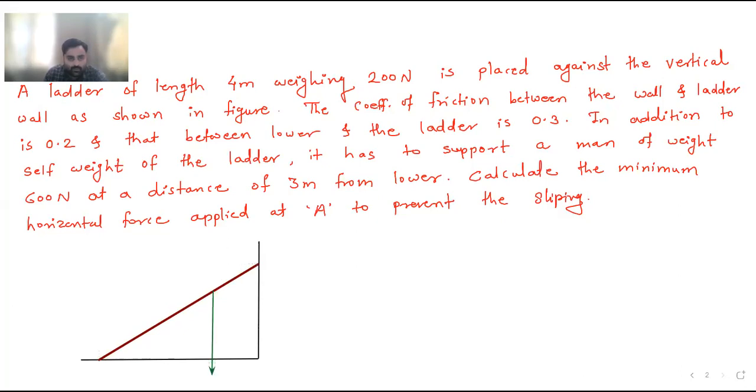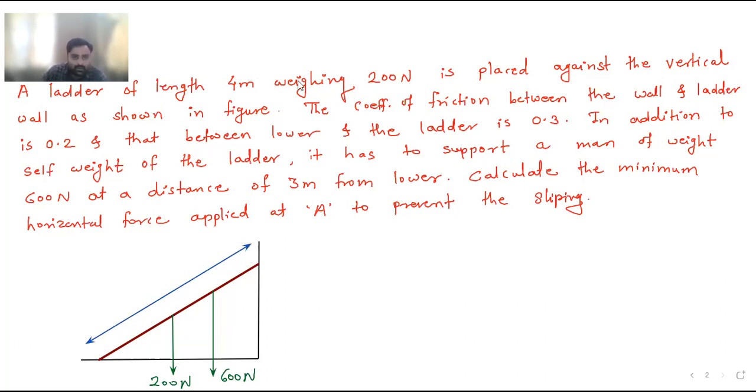This is the man whose weight is 600 Newton, and the weight of ladder, it will be somewhere here. It is 200 Newton. Now how I have shown this? Because this is 600 Newton and this is 200 Newton. This total length of the ladder, it is given as 4 meter.